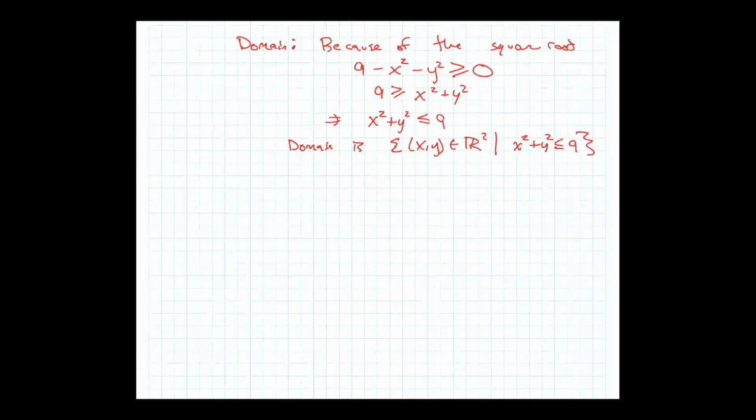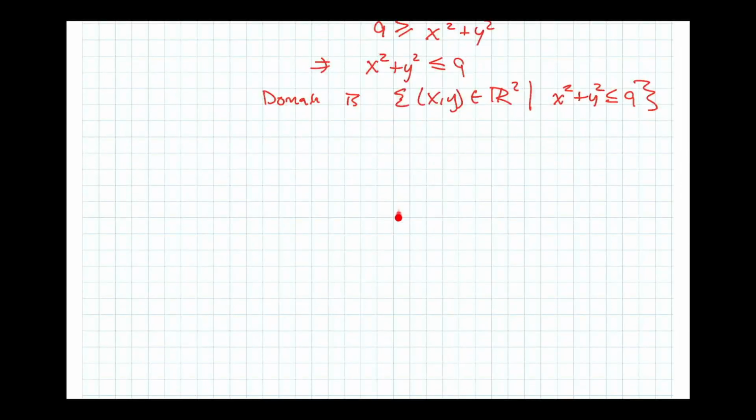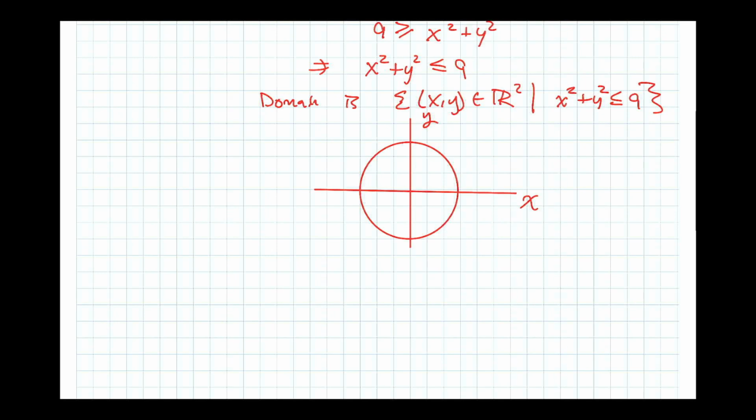Okay. And so what does that actually look like? Well, you should be able to figure that out, right? We're plugging in x, y pairs which exist on the x, y plane, and you know that x squared plus y squared equals 9 is a circle. So if you make a circle here with radius 3, then your region for the domain, I'll call it D, we were supposed to call it D, right?